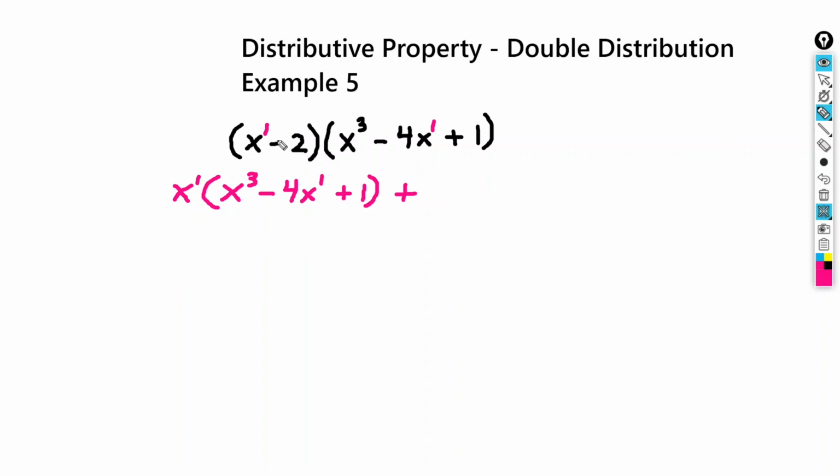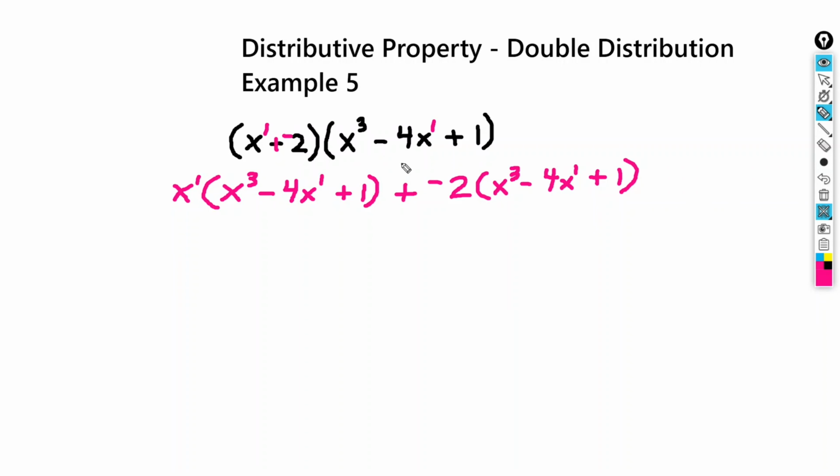So this is like plus negative 2 here. I could rewrite this as plus negative 2. So plus negative 2 times x cubed minus 4x to the first plus 1.